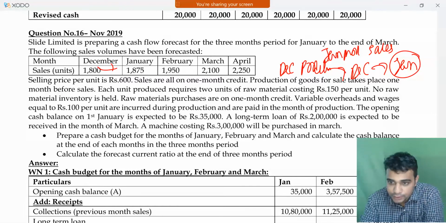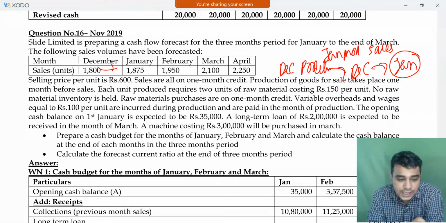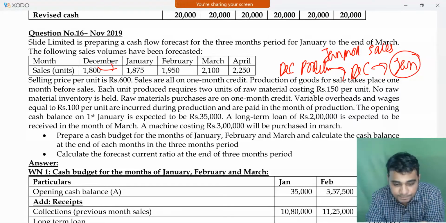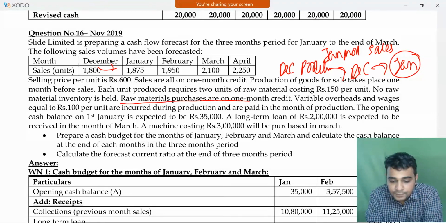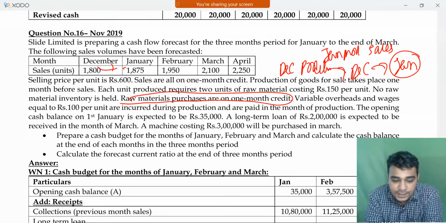From a raw material point of view, January you will sell the product. You are going to produce that in the month of December. Raw material you are not holding, so you will purchase in the month of December and you are going to pay. In short, payment to supplier will be this into 300, this into 300, this into 300.